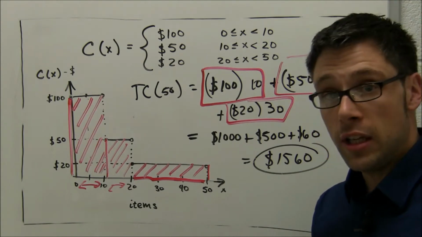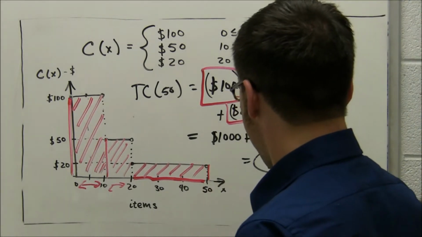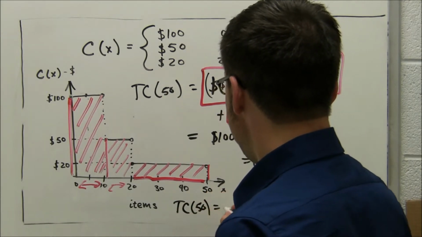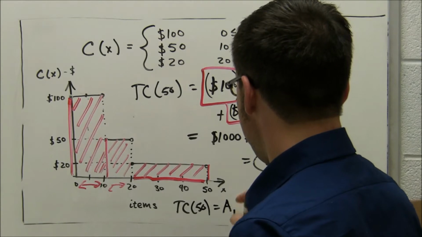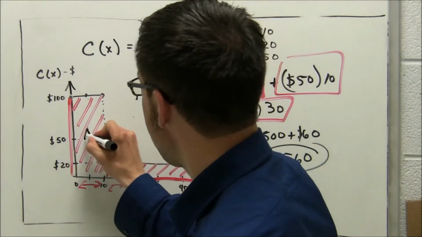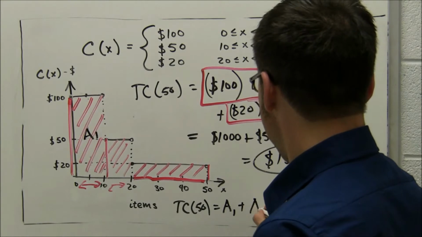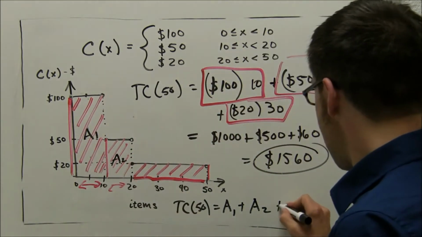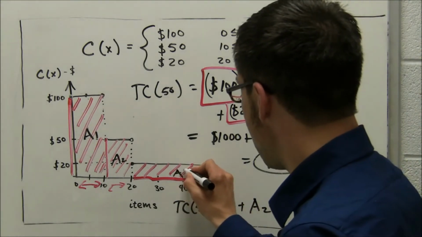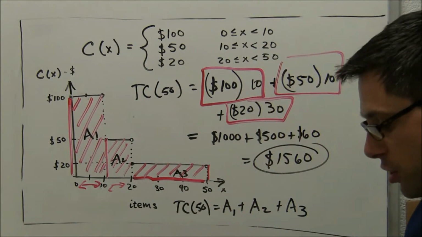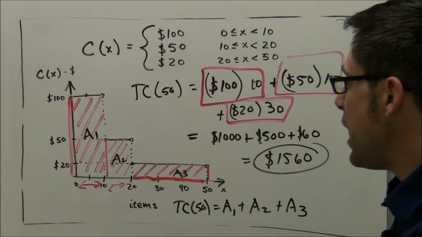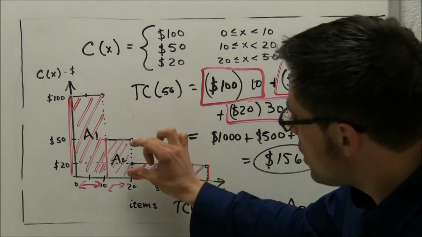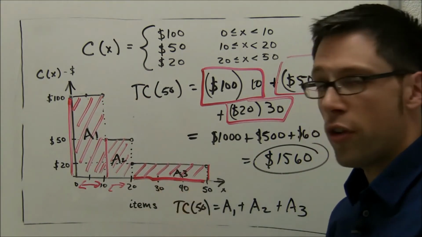So geometrically, we can see that the total cost of 50 items is going to be the area of box 1, A1, plus the area of box 2, A2, plus the area of box 3, A3. So the total cost of producing 50 items for this particular function is just the area of this box, plus the area of that box, plus the area of the third box.